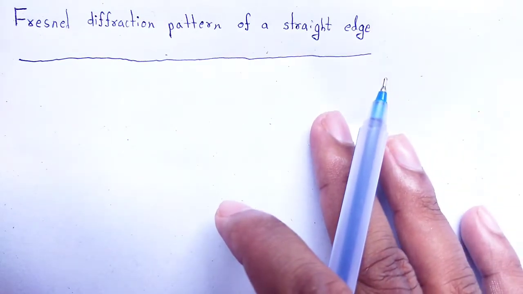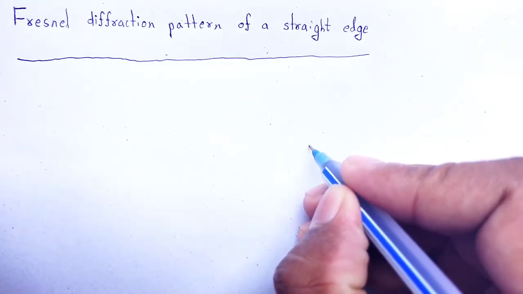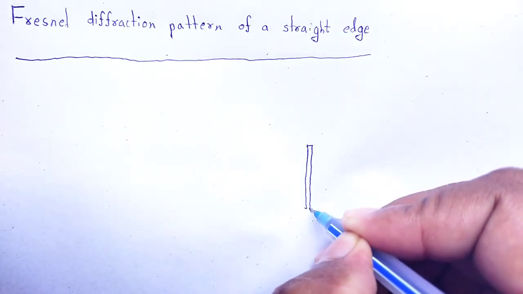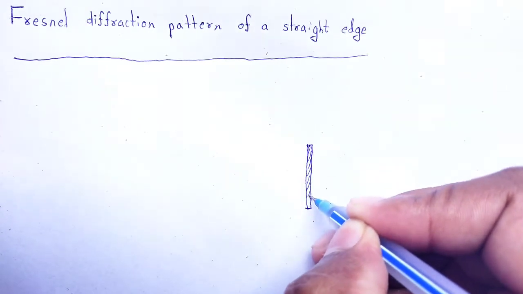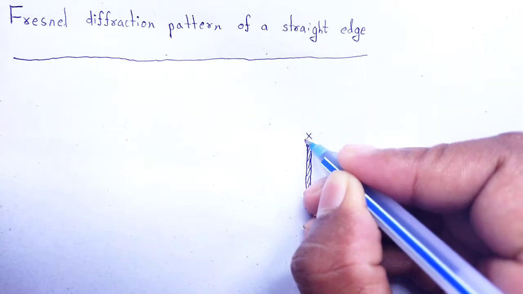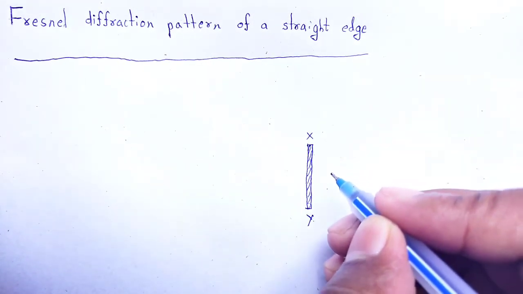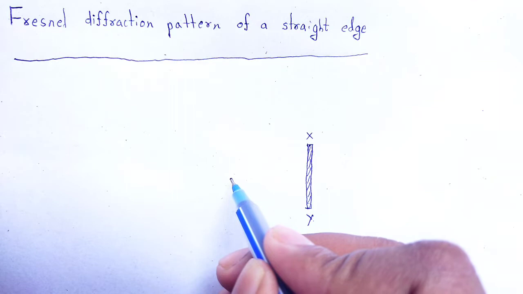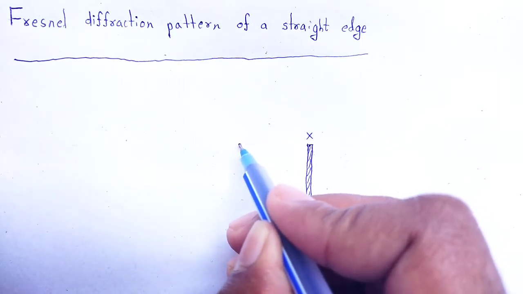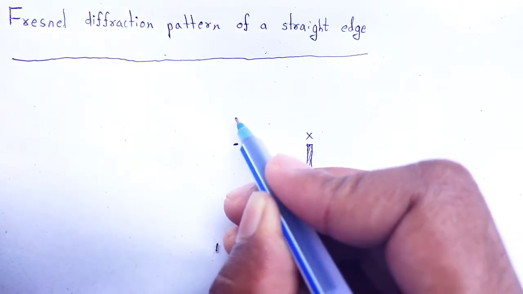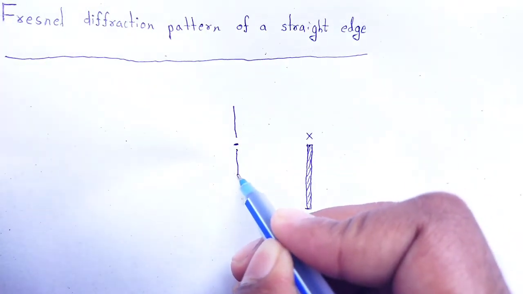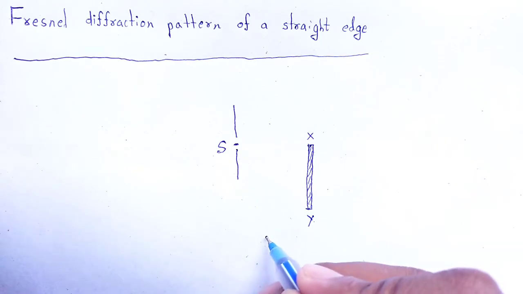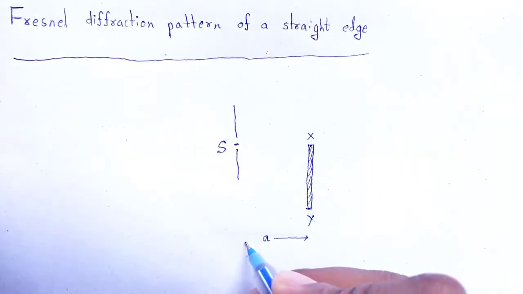Let us take a straight and sharp edge XY placed at a distance x from the source. The source is placed at a distance a from the edge.